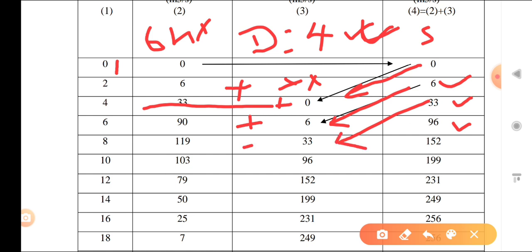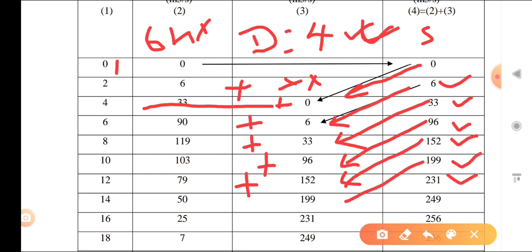The next is 119 plus 33, it is 152, and then 96 goes below, so the next is 103 plus 96, it is 199, and then 152 goes below, so the next is 79 plus 152, it is 231, then again 199 goes below, so 50 plus 199, it is 249, and then 231 goes below, so the next is 25 plus 231, it is 256.